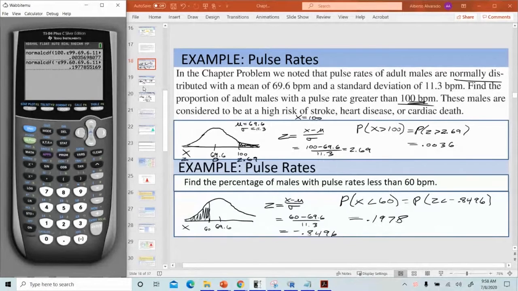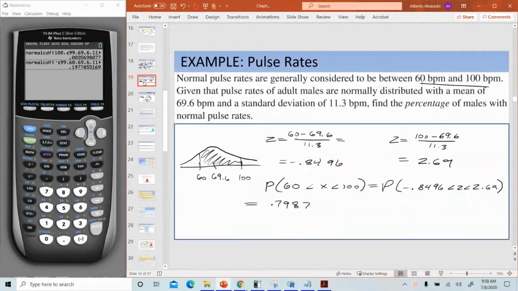For the final question, on slide 19, we want the x values between 60 and 100. Those are what they considered normal pulse rates. So we're going to go ahead and do that too. The lower here is going to be 60. The upper will be 100.